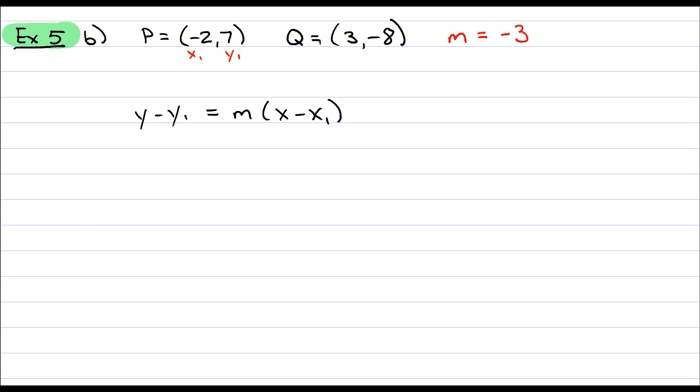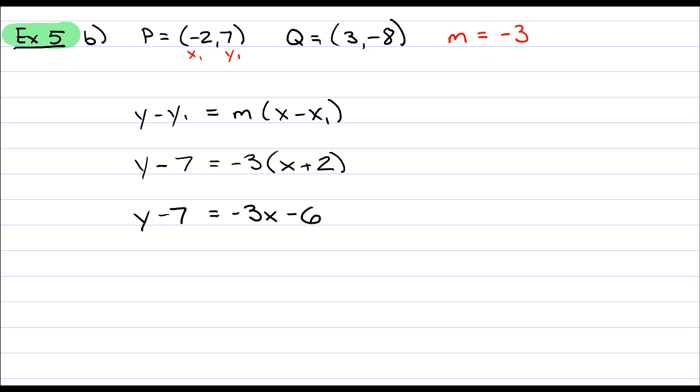And then plugging in my values, I have y minus 7 equals minus 3 times x minus a negative 2, so that's x plus 2. I distribute to get y minus 7 equals minus 3x minus 6.